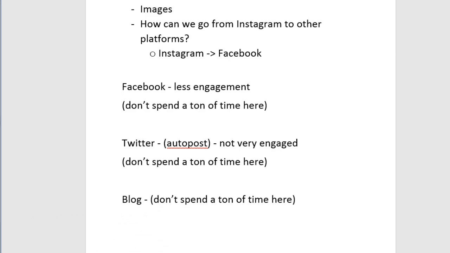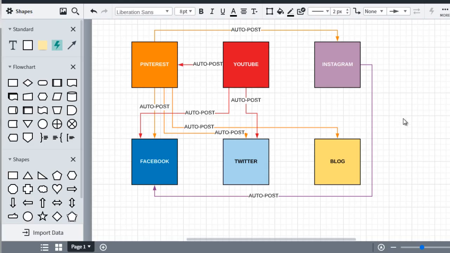So the next thing we have is blog. So if you wanted to get more complex, you could have all of these. When any of these happen, you could post any of these to the blog. But for the sake of simplicity, I'm just going to leave it as it is. All right, so let's move on to the next video and talk about the different automation tools that are available to you.